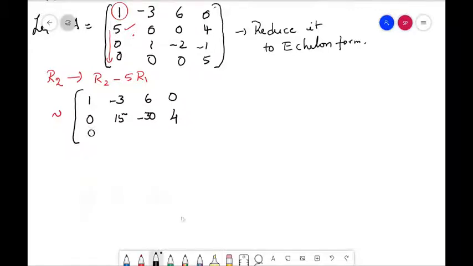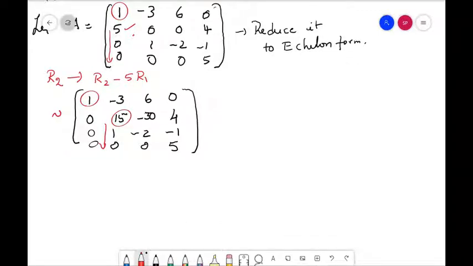Then 0, 1, minus 2, minus 1, 0, 0, 0, 5. So let us check the pivot positions again. This is a pivot here, and this is the pivot in the second row, and here now I have to make this 0.